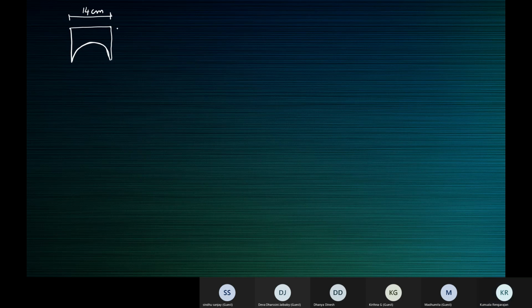You're given a figure like this where it looks like a square, but it's not a complete square. If you connect this, it's a square. And this arc inside is a semicircle.